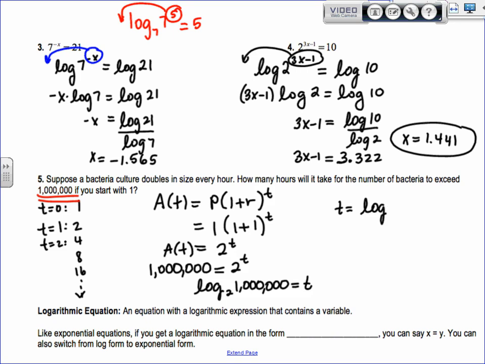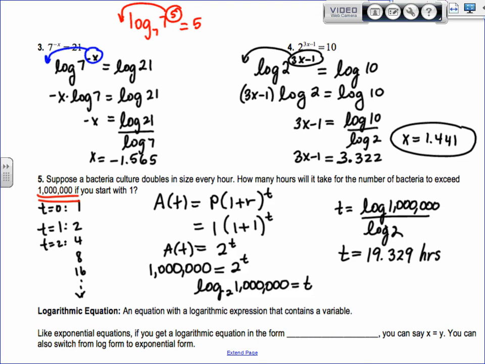So we're going to do log of 1 million divided by log of 2. So what do we get? 19 point, did you guys do it? I think it's like 19 point something 32, 932? 0.329, give me 3 decimals. 329? Okay, thank you. Hours. So a little bit more than 19 hours for it to reach 1 million.